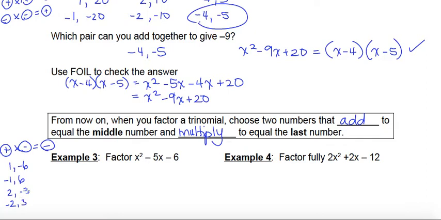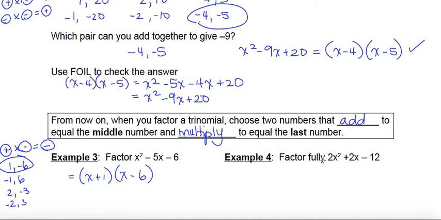And those are the only factors that I have that will give me negative 6. So which one of these sets of numbers will add up to give you negative 5? The only one of these is our first one, actually. So then this becomes x plus 1, because our 1 was positive, and x minus 6.